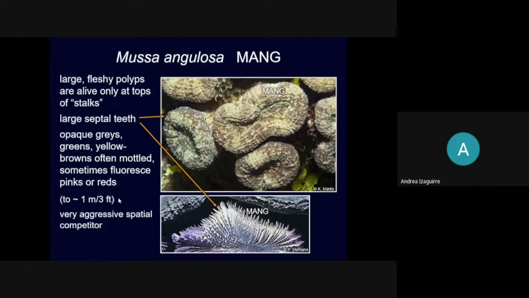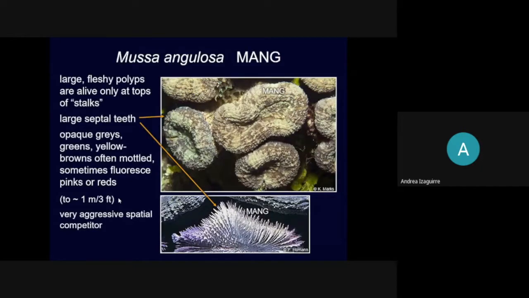As we saw before with our Orbicella annularis, the colony itself can be dead at the bottom and still alive at the top, and that's completely fine. That's just the way that it grows. I think that's the only picture that we get of this.